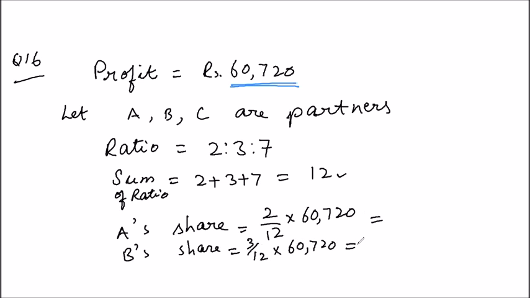And in the same way, C's share is 7 out of 12. Now we will solve all these to get the shares of A, B, C.